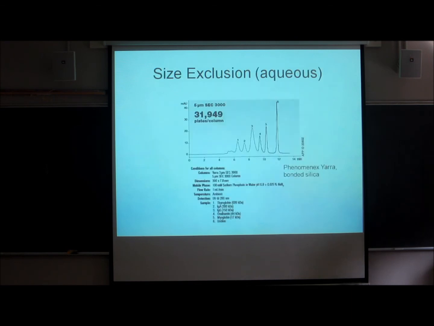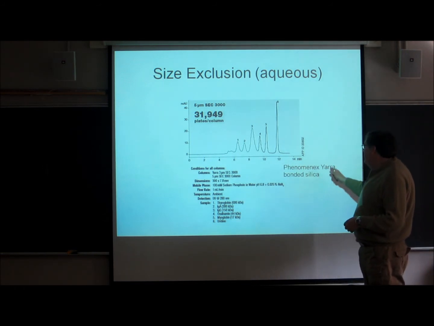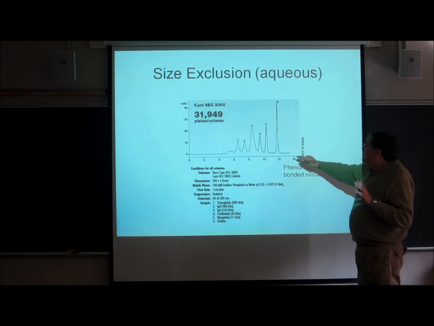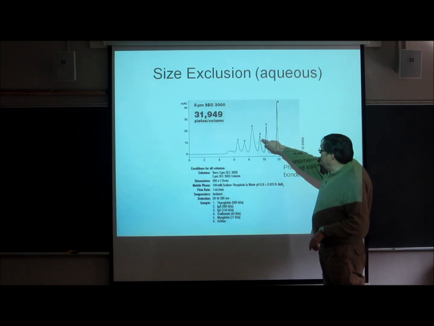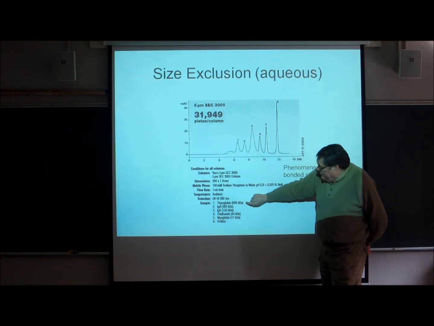Whoops, went too far. So this is a size exclusion chromatogram. And this is done with a Phenomenex column, which is bonded silica, and has a range of pore sizes, and you can see the effect of this. These are the proteins that are coming through. Can you see the molecular weights?